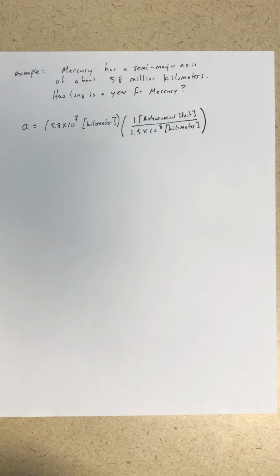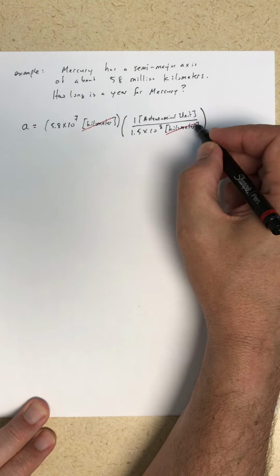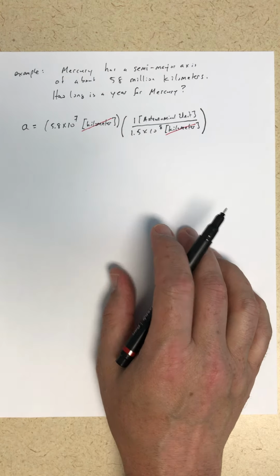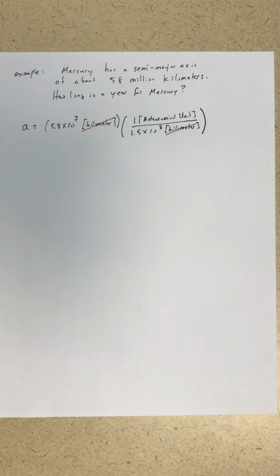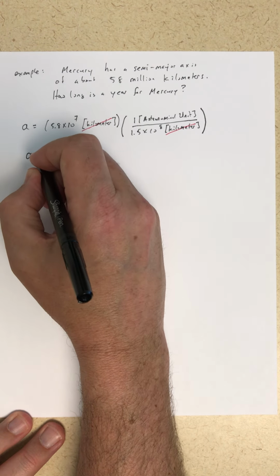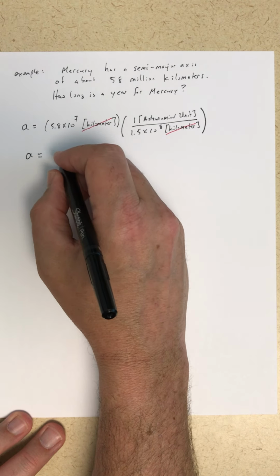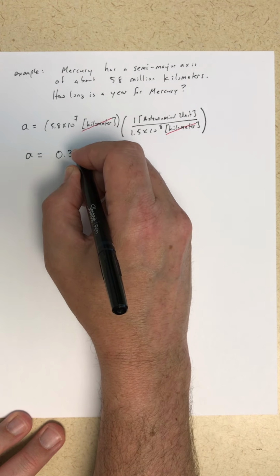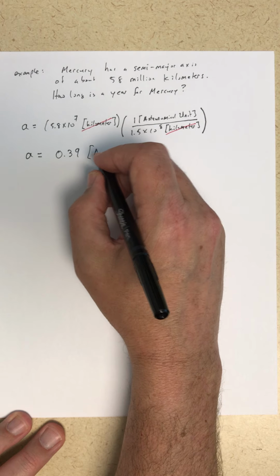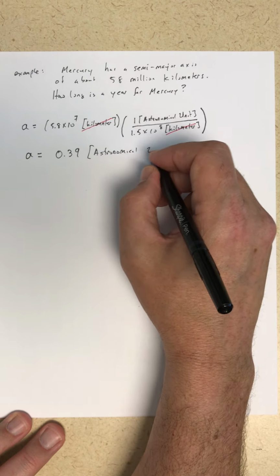We see this is set up correctly because the kilometer cancels out, and we're left with A, in astronomical units. When we do that, we find the semi-major axis for Mercury is 0.39 astronomical units.